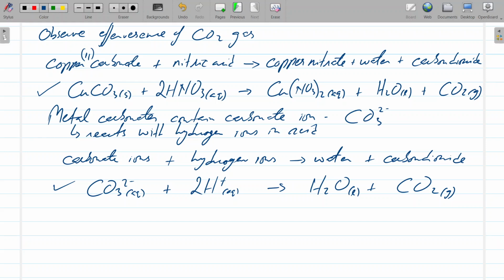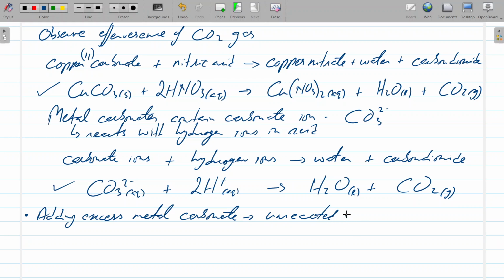Now, in this case, again, you will be adding excess of the metal carbonate. And so the unreacted carbonate will settle at the bottom of the beaker or conical flask or whatever you're doing your work in.